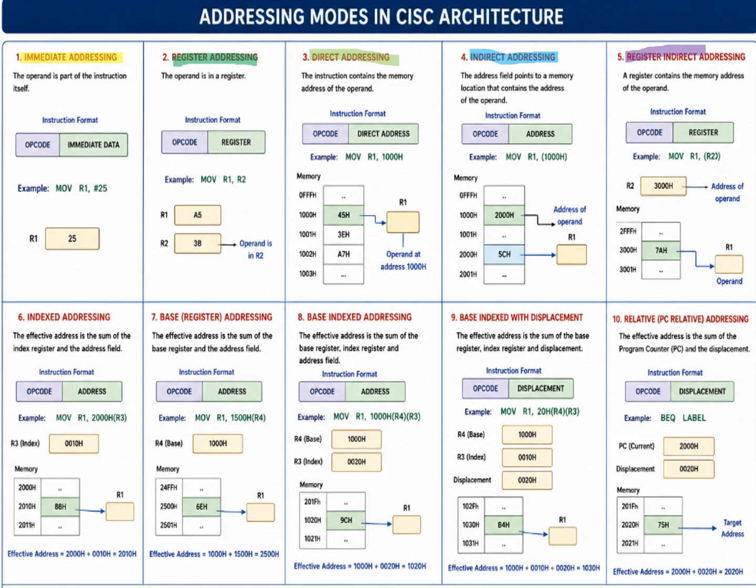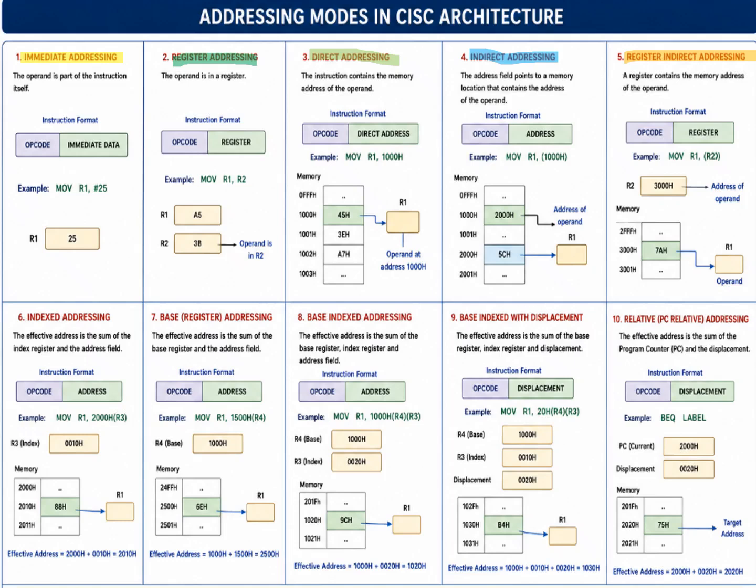Next is register indirect addressing. Register indirect addressing means a register contains the memory address of the operand. So what is the instruction format here?